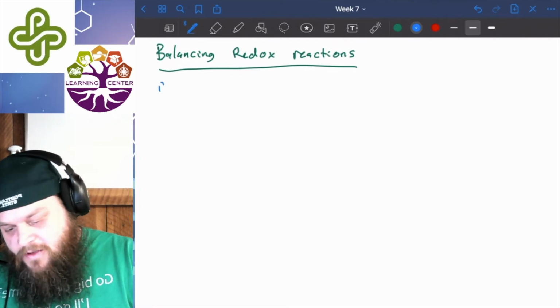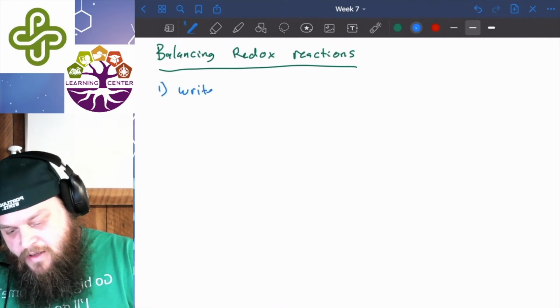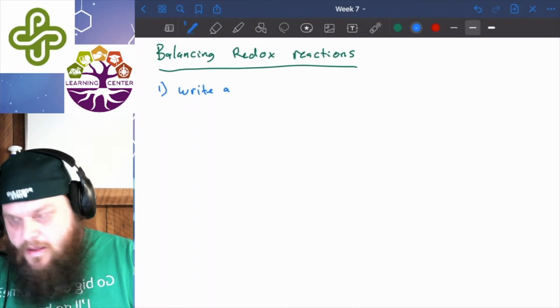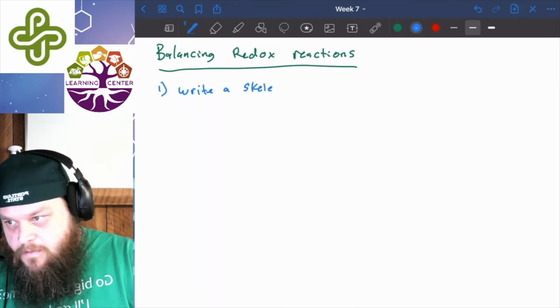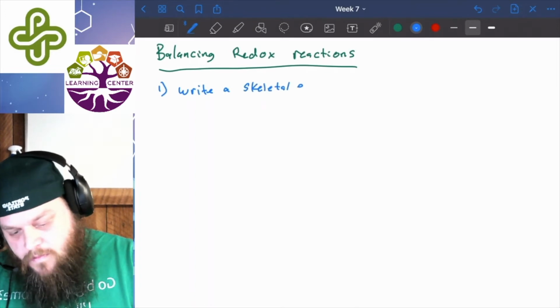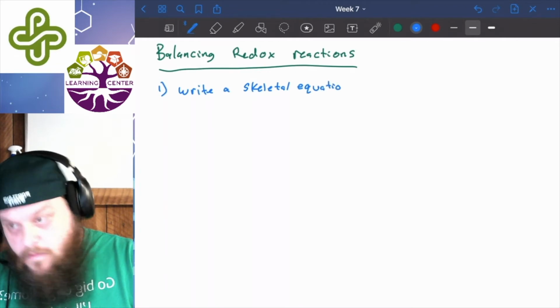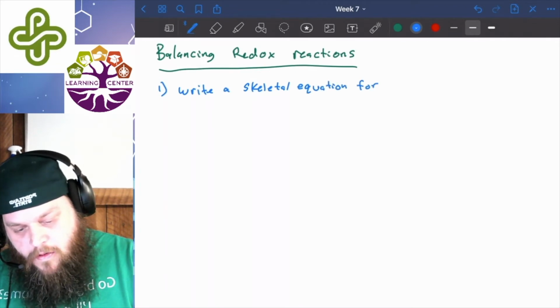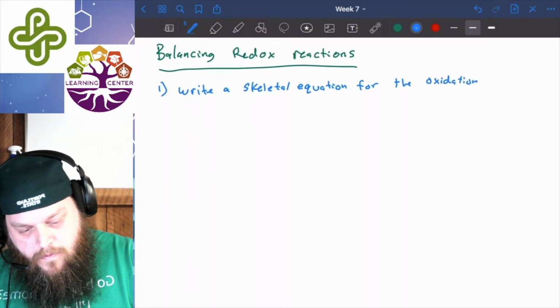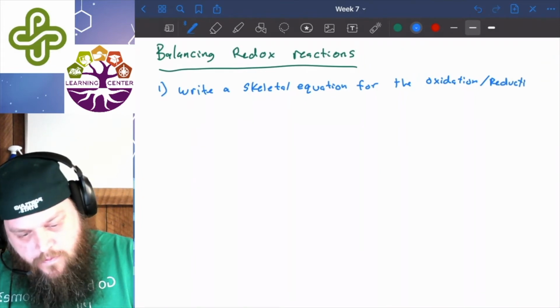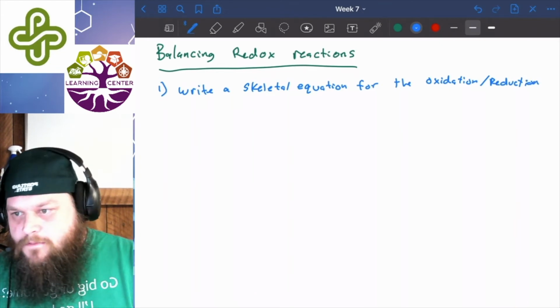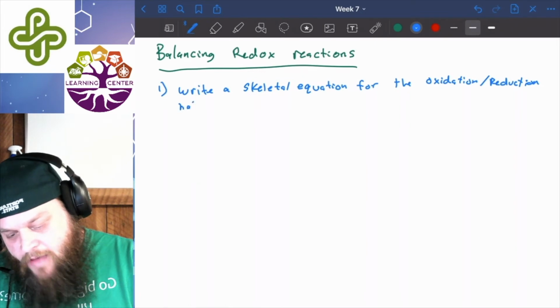So the first thing we do is write a skeletal equation for the oxidation/reduction. And these we call half reactions.